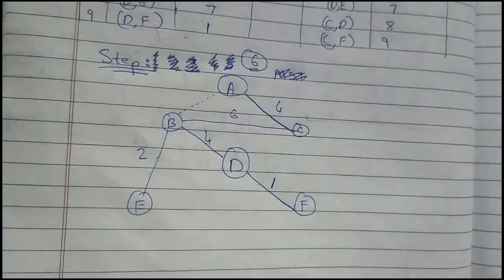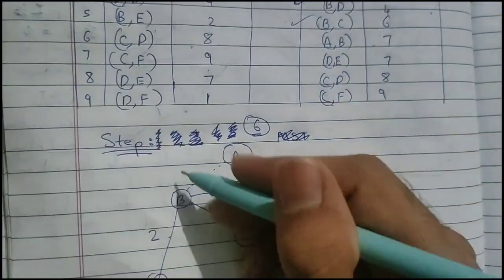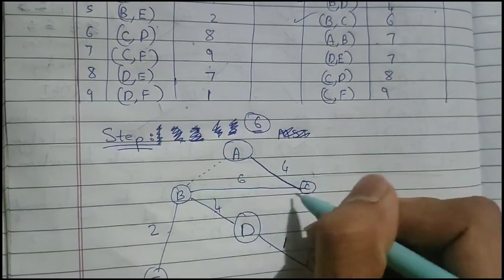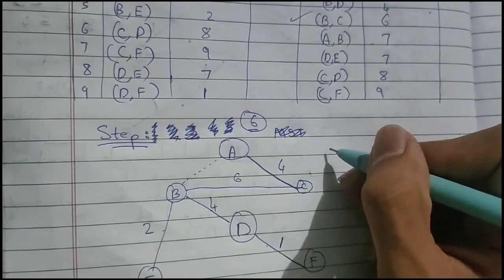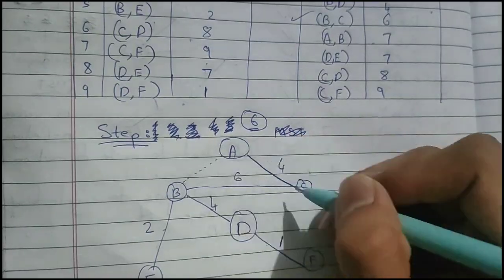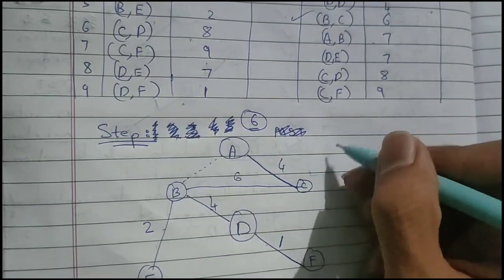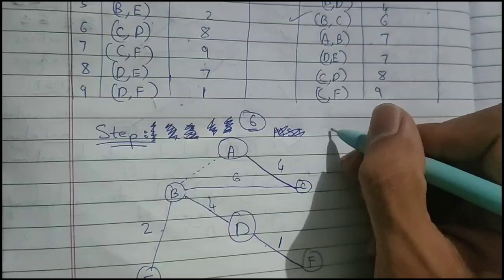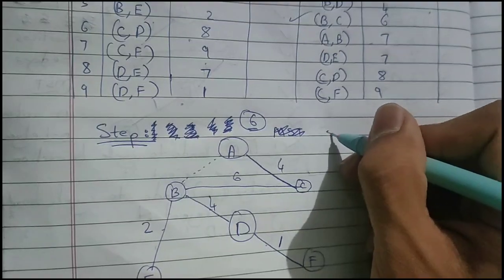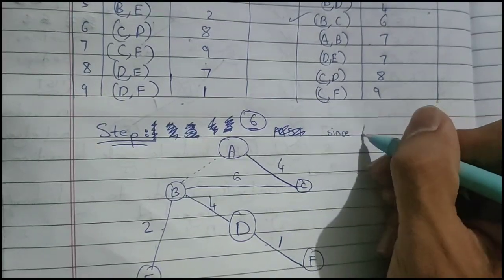So now for the 6th step, as you can see, we'll get this edge A comma B. Okay, but if you see, A comma B leads to cycle formation. Now if I made this edge, we'll have a loop over here, which is not allowed for a tree. A minimum spanning tree can have no loops. Any tree can have no loops.